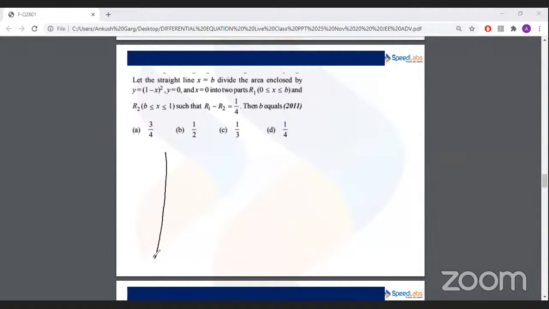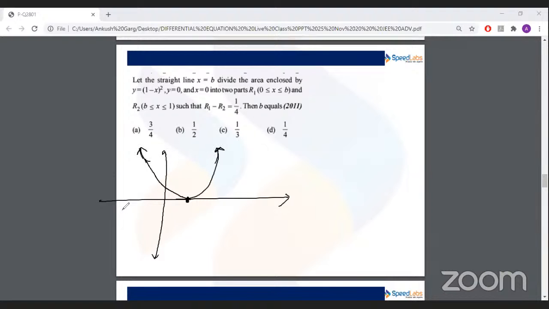Okay, so first if you want to draw this, let us draw. So area enclosed by y equal to 1 minus x square, right? So what will 1 minus x square look like? When x is equal to 1, y will be 0, right? And this will be a parabola, something like this. 1 minus x square or x minus 1 whole square, basically the same thing.